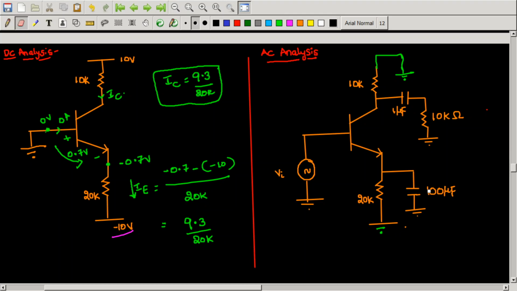Okay. And this is short. So let me short it. This is also short. Okay. Now you can see that this 20k is in parallel to a short circuit. So this 20k branch will be deactivated. So let me just remove them from the circuit.